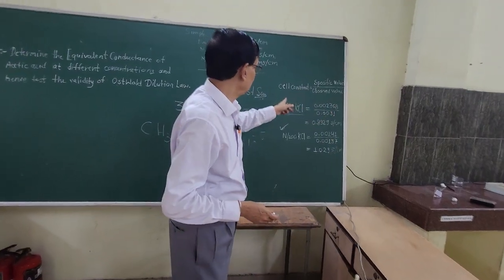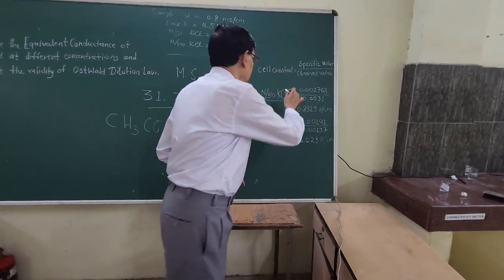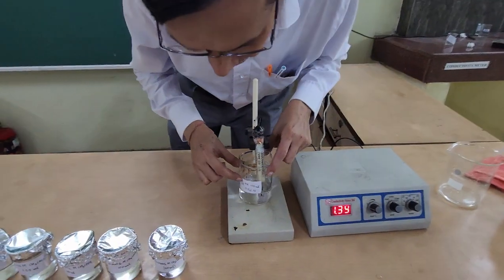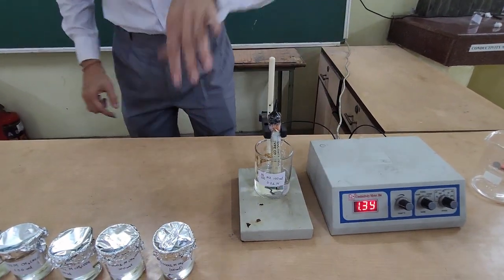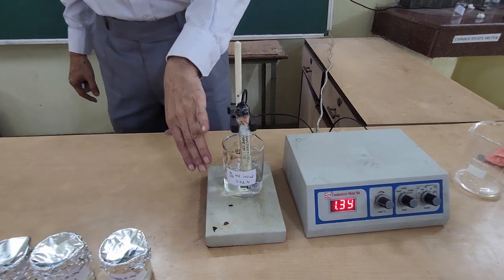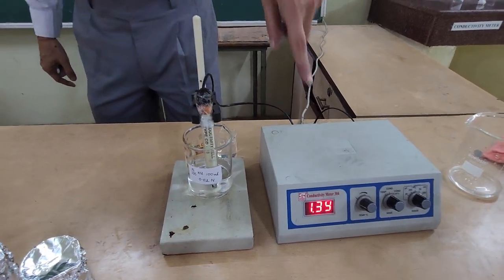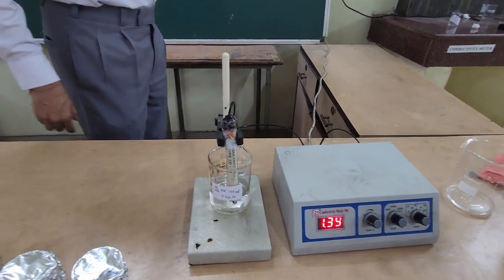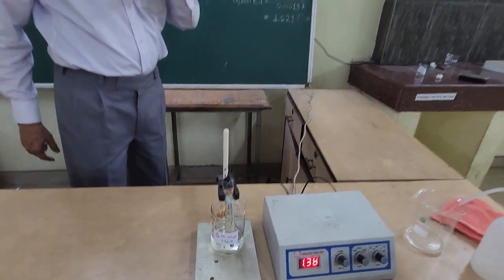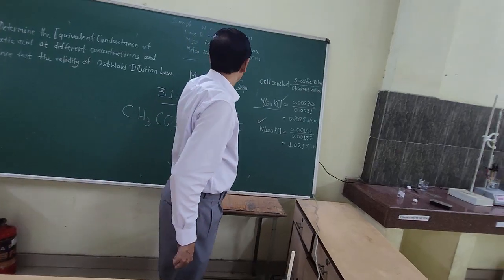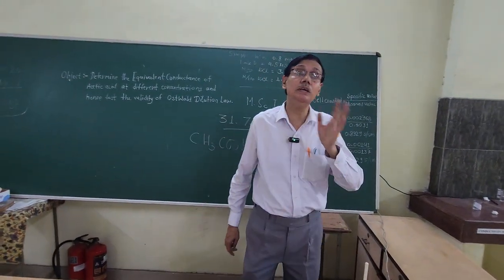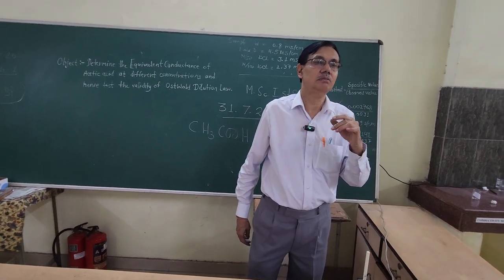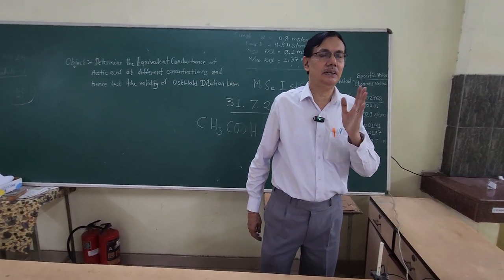She has prepared the solution and measured the observed conductance, and you have seen that for the N/100 KCl solution the value is 1.38 millisiemens. Earlier it was in mhos and micromhos, now generally in SI units it is siemens.